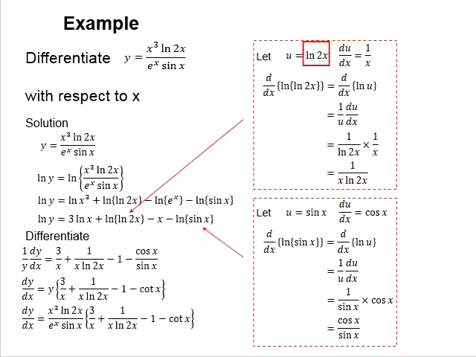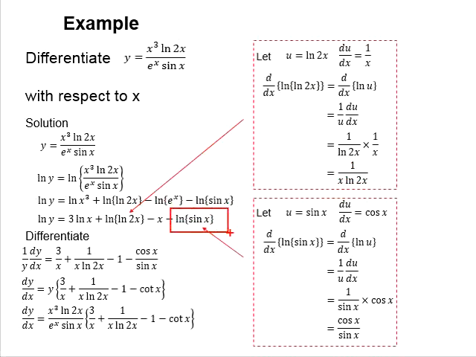Let u equal ln 2x. du dx will be 1 per x. Ln of these functions will be equal to ln u, which is 1 per u multiplied by du dx. Substitute u equals 2x, you will get this.